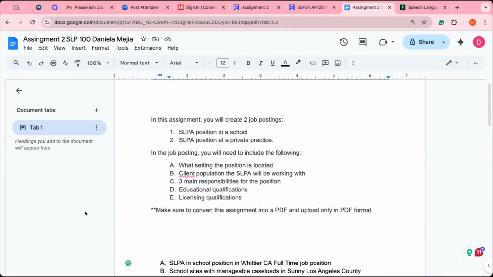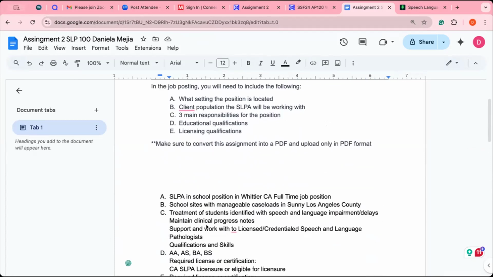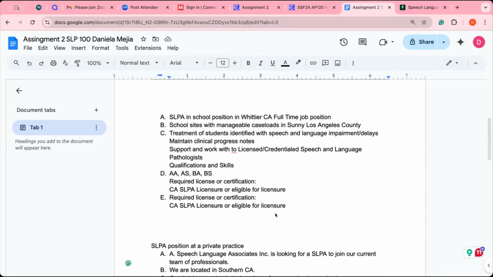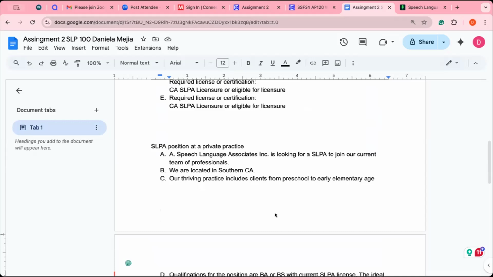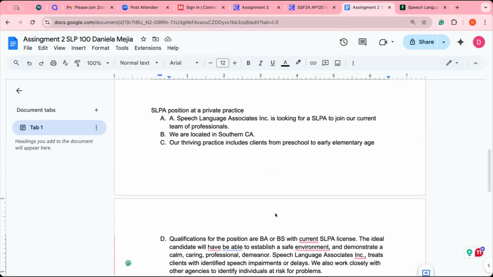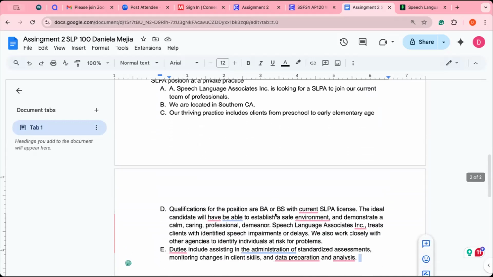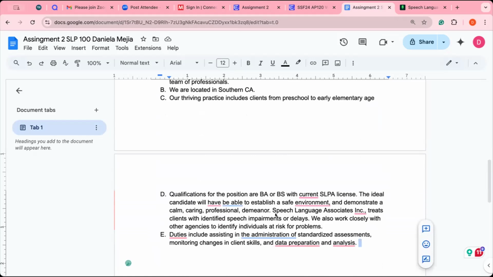Three main responsibilities. The main responsibilities go in the middle. They're under C. So the main responsibilities would be under that.